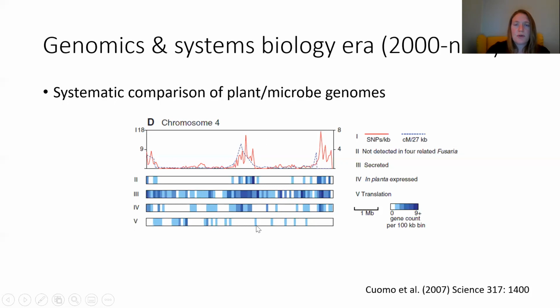And this gives you an overview of, like, the result of this study was basically to show that the genes that are involved in virulence that we know about actually occur in these regions containing a lot more mutations. So it seems that certain areas of pathogen genomes are mutating at higher, faster frequencies than others. And that tends to associate more with virulence as a way of potentially producing new types of virulence factors.